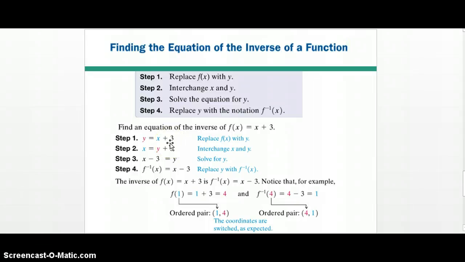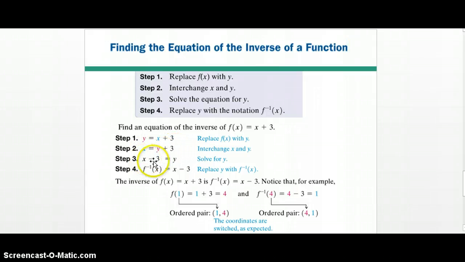The second step, interchange x and y. Look at here. In the place of y, we write x. In the place of x, we write y. So we interchange, or we can say switch, x and y. Third step, solve for y. Subtract 3 from both sides.